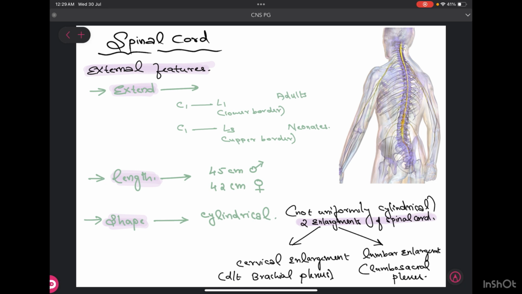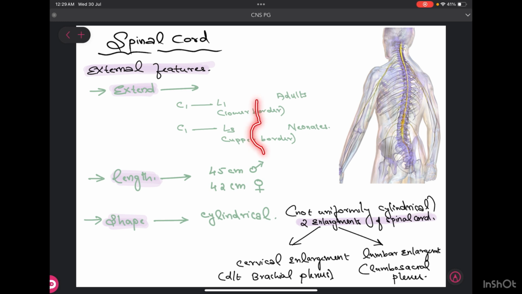Next comes the length. In males it is 45 centimeters. In females it is 42 centimeters. Coming to the shape, it is mostly cylindrical, but not uniformly cylindrical because it has two enlargements.